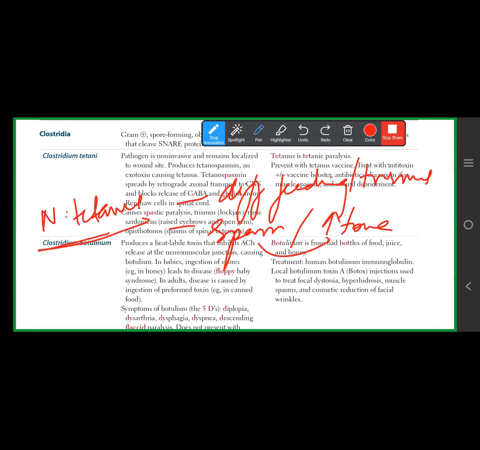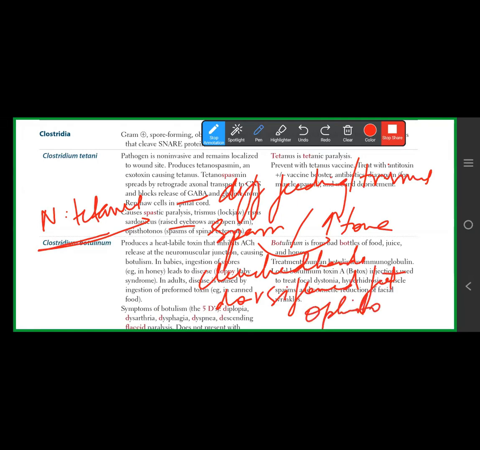And spasm, how will I say it in normal terms? I will say they have clenched hands and dorsiflexed feet. And I will also mention that they have opisthotonus. Okay, they present with opisthotonus.